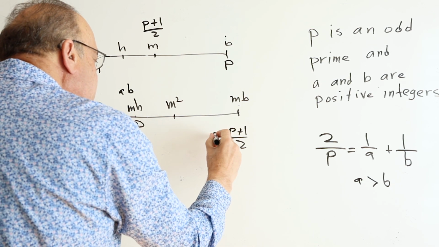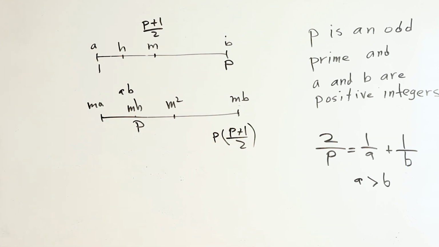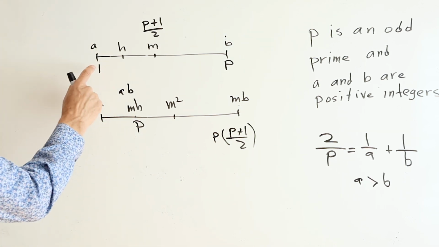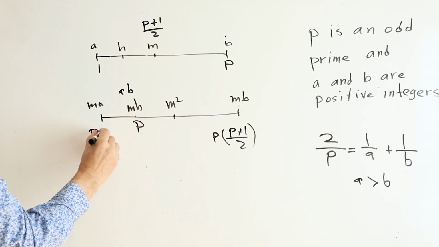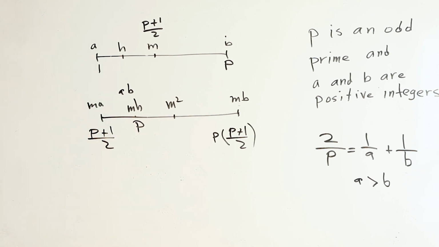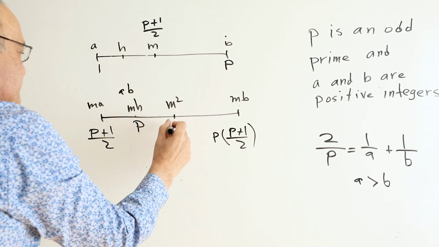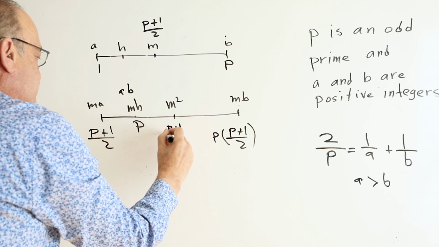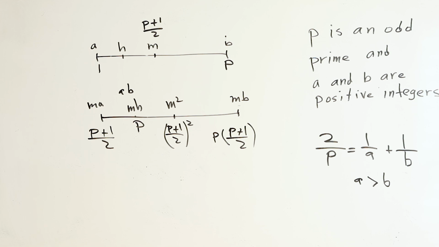So it's going to be p times p plus 1 divided by 2. And when I multiply 1 by p plus 1 divided by 2, I get p plus 1 divided by 2. And M is p plus 1 divided by 2, so it's going to be p plus 1 divided by 2 squared. So we have a formula.